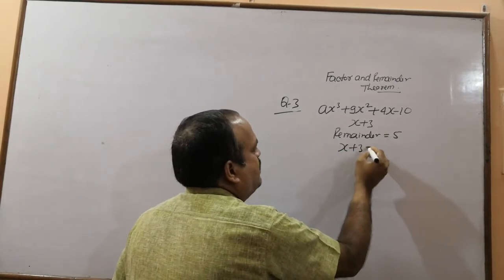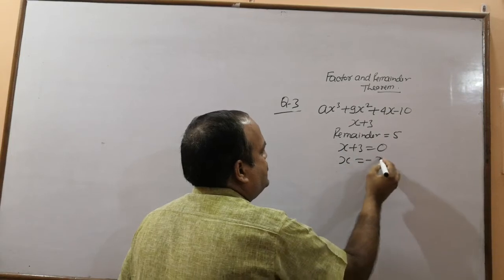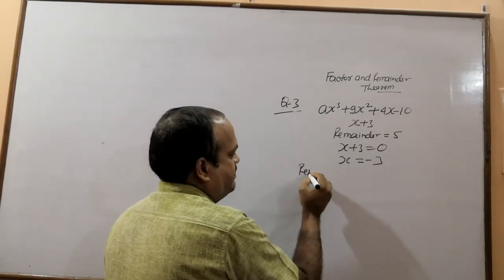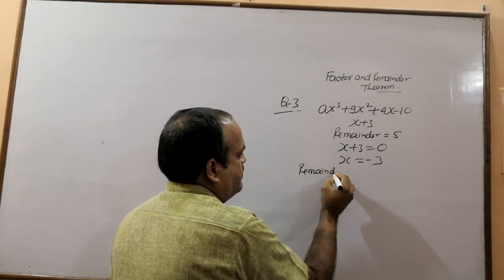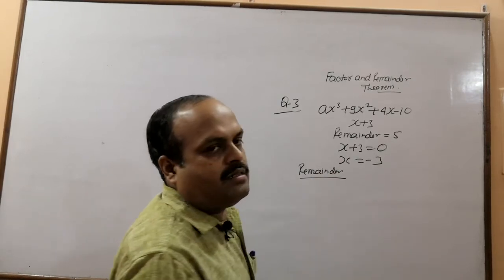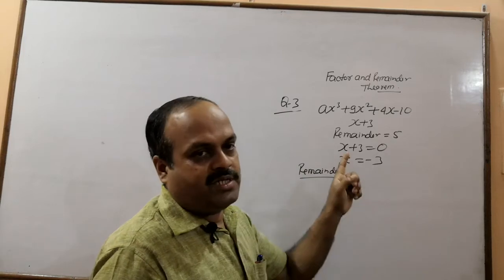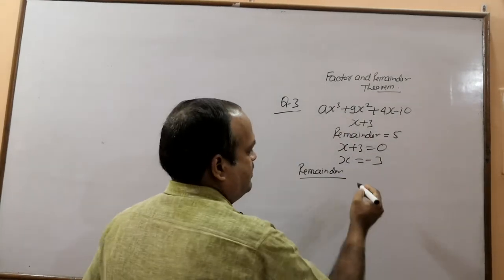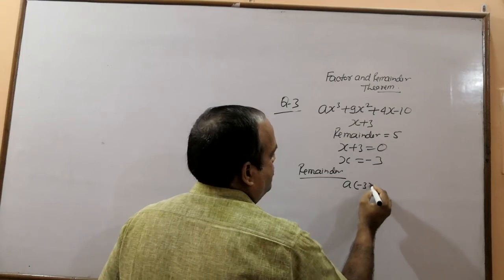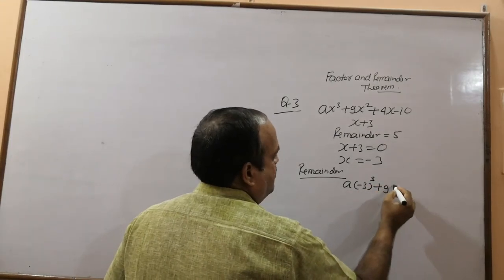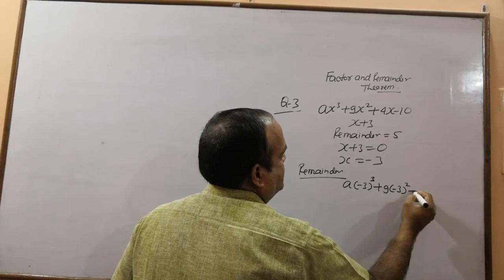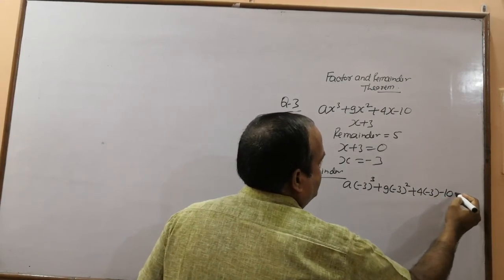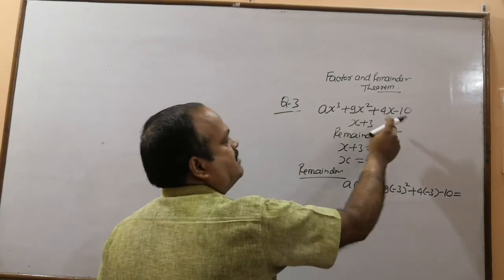x plus 3 equals 0 gives x equals minus 3. Then write here remainder. When you have written remainder, it means you are going to substitute this value here. a into minus 3 cube plus 9 into minus 3 square plus 4 into minus 3 minus 10 equals this remainder 5.